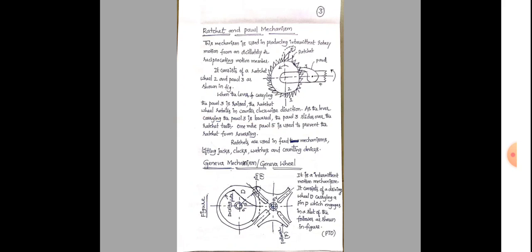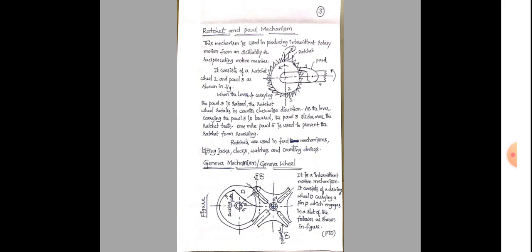A ratchet and pawl mechanism is used in producing an intermittent rotary motion from an oscillatory or reciprocating motion member. Here an oscillatory reciprocating motion member is a continuous motion. That motion will be converted into an intermittent rotary motion.